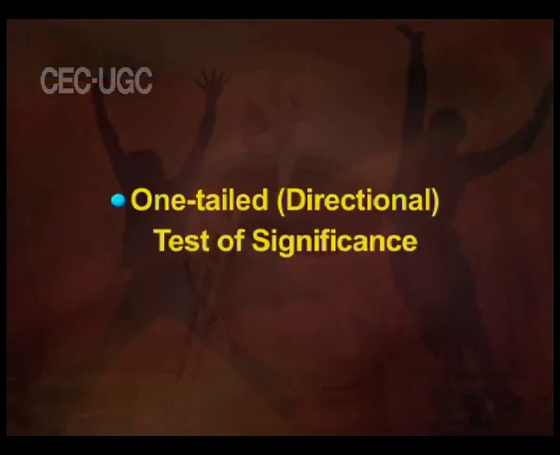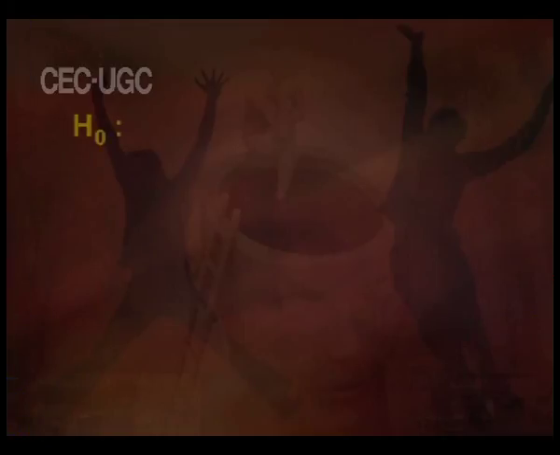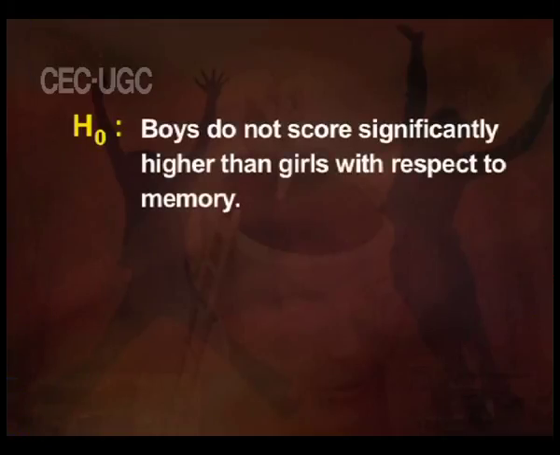We now consider the one-tailed or directional test of significance. The research question we had considered earlier can now be changed to, do boys score significantly higher than girls with respect to memory? The hypotheses would also change accordingly. The null hypothesis would state, boys do not score significantly higher than girls with respect to memory.